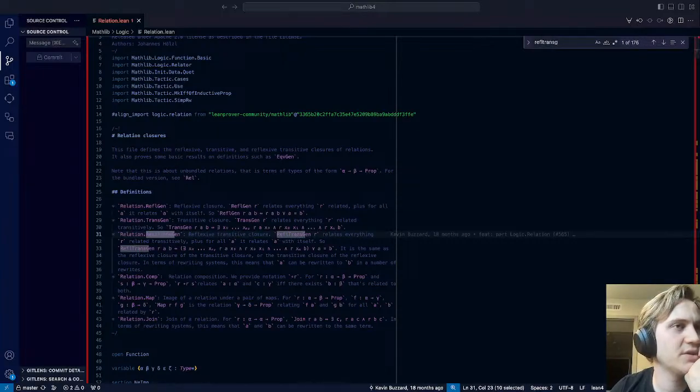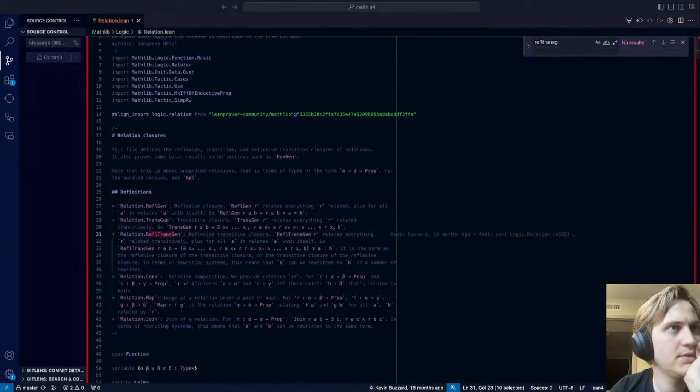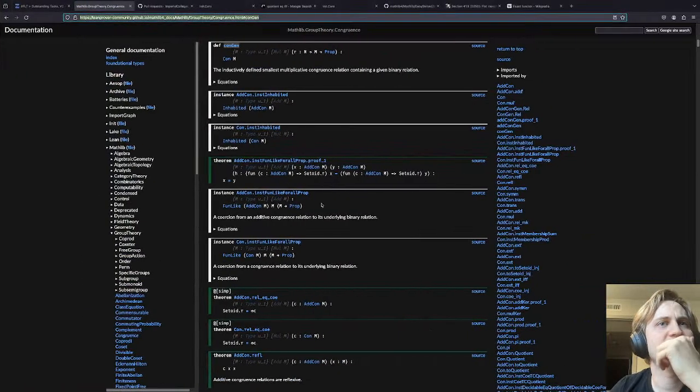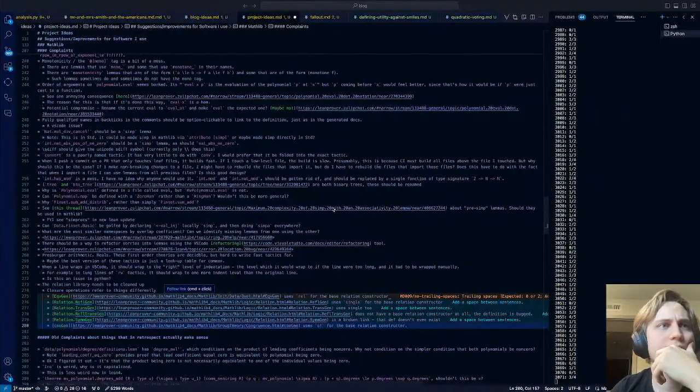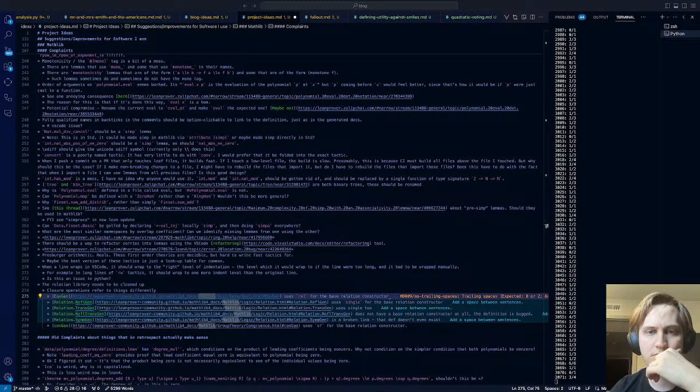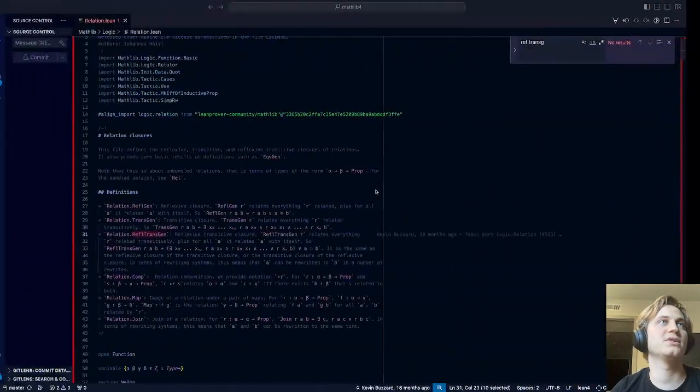Reflexive transitive closure. There should also be like a symmetric closure, I feel. Sorry, is that like EqvGen? The equivalence relation, yeah. So this one is the equivalence relation.